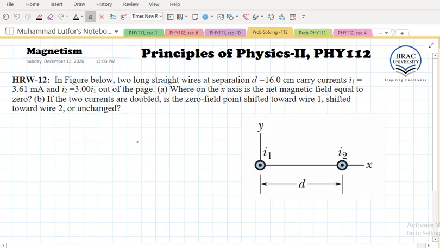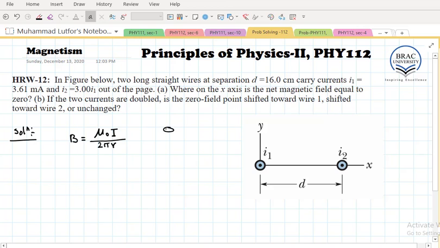We know from the Biot-Savart law that the magnetic field of a long straight wire can be written. I'm writing the magnitude: B would be mu naught I over twice pi r, where r is the distance.